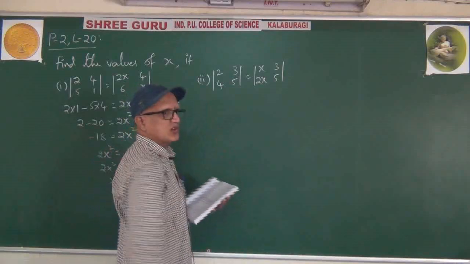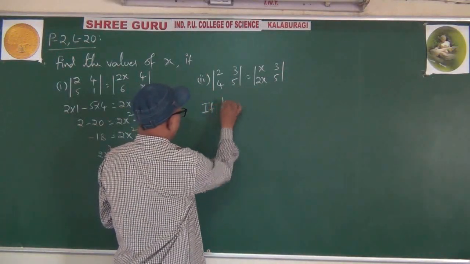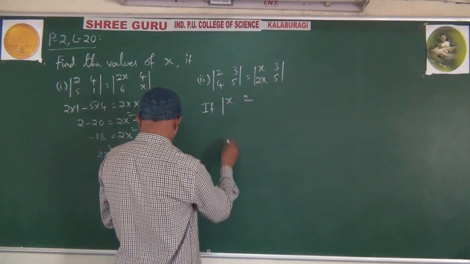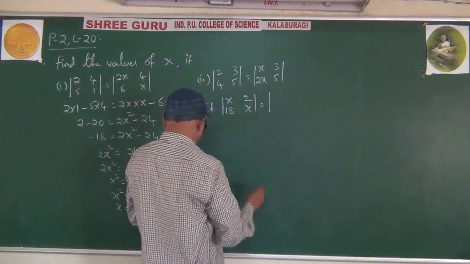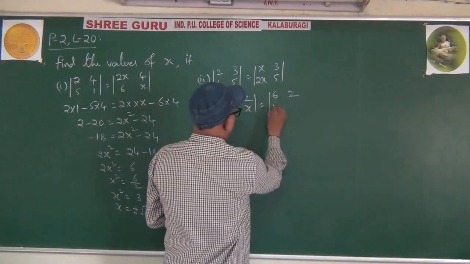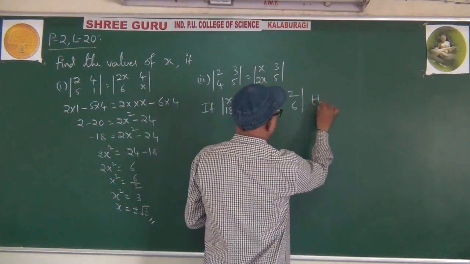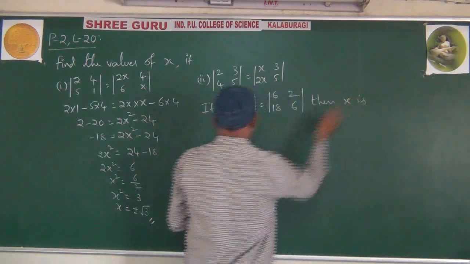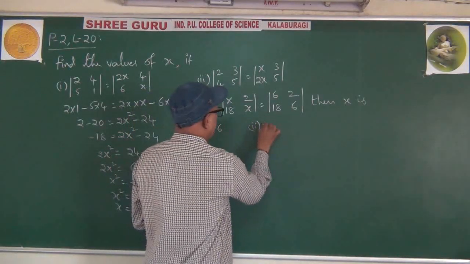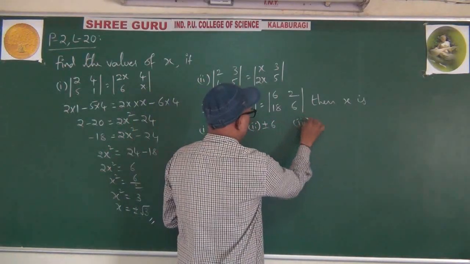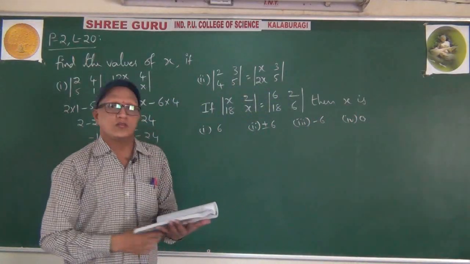Next question and last question in this exercise. If determinant x, 2, 18, x equals determinant 6, 2, 18, 6, then x is: first option 6, second option plus or minus 6, third option minus 6, fourth option 6. Right?